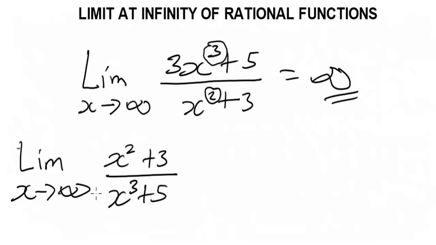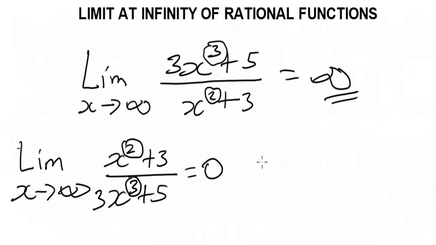Okay, let me add 3 here. Now in this situation, you will see that the highest power of the denominator is higher than that of the numerator. In the denominator, we have the highest power to be 3, and in the numerator the highest power is 2. So when the highest power of the denominator is greater than that of the numerator, the limit of the function is said to be 0. It's as simple as that, guys.